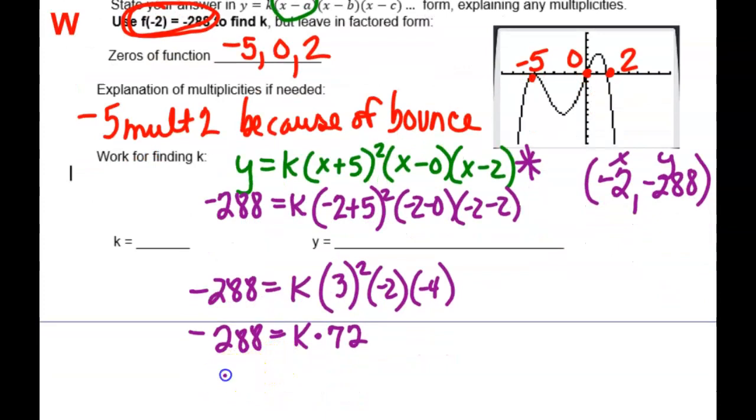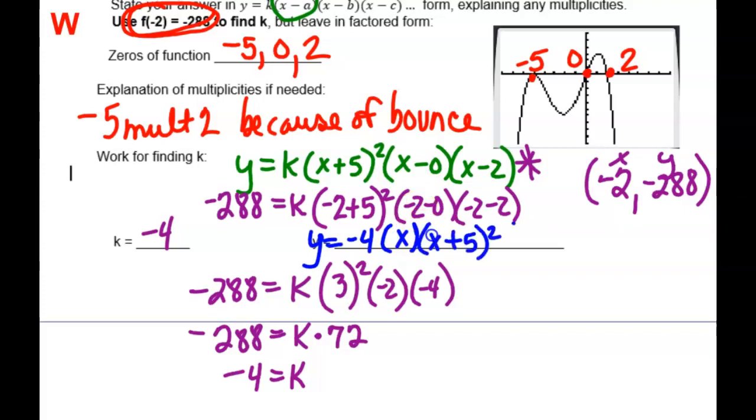Is it -4 maybe? -288 divided by 72? Okay, thank you. So then the final answer here is y equals -4 times x. I'm going to move that 0 one out front. You don't have to. X plus 5 squared and x minus 2. You can write them in any order, as long as it's all just multiplication.